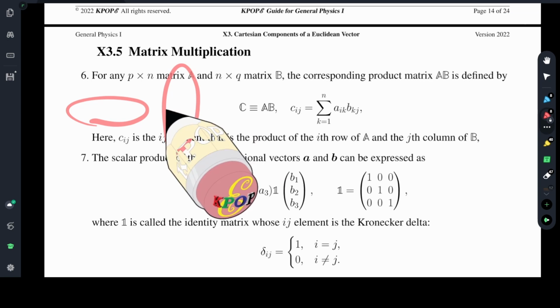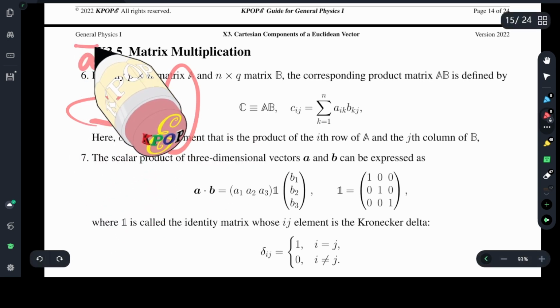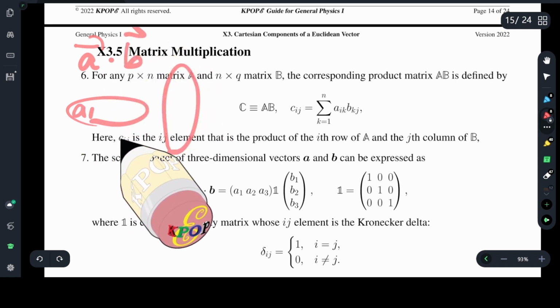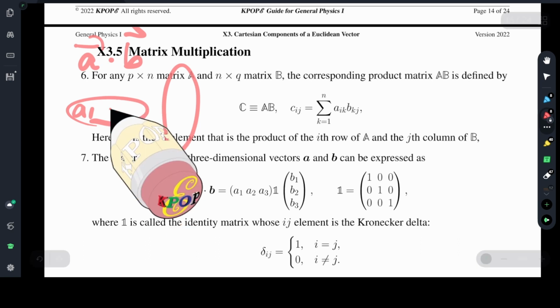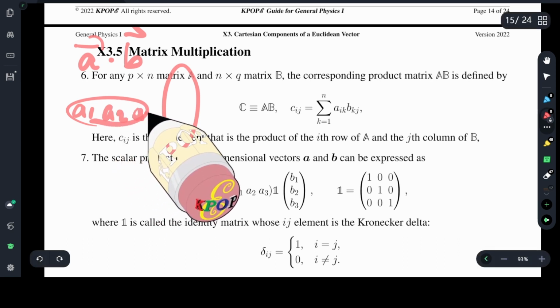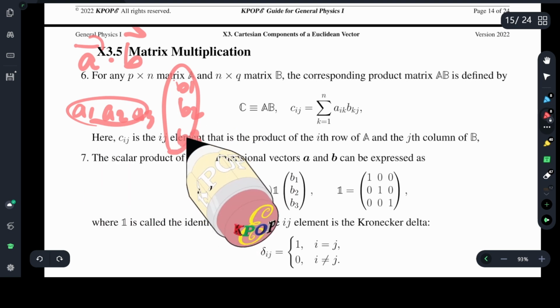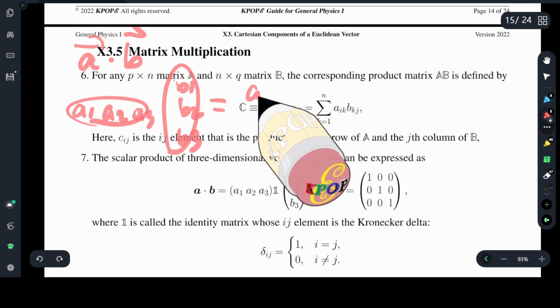They originate from the scalar product A dot B. And the matrix is just a matrix representation, a realization of what? Cartesian components, A1, A2, A3, and B1, B2, B3. That's it. And the result is just a single number.